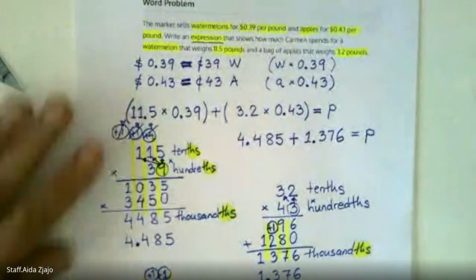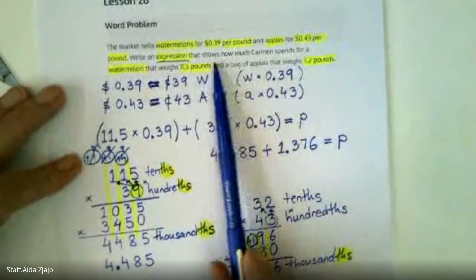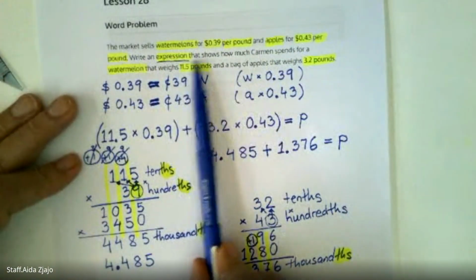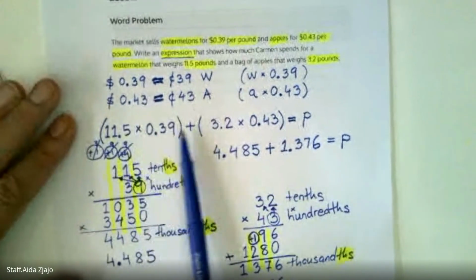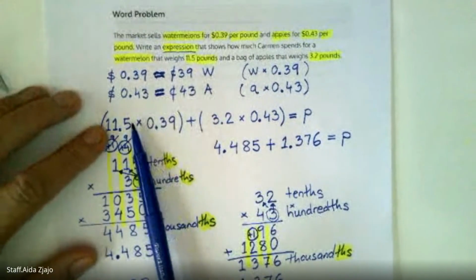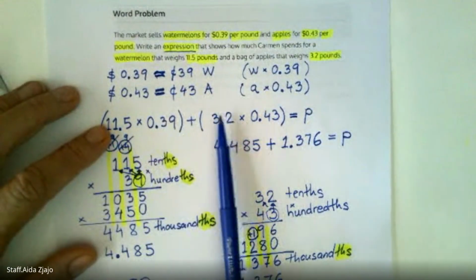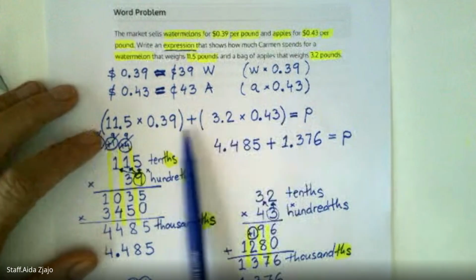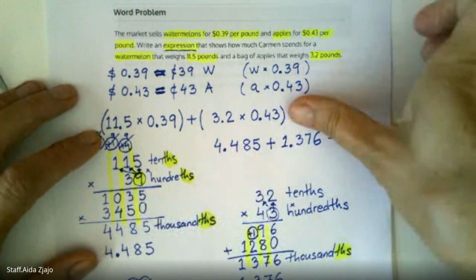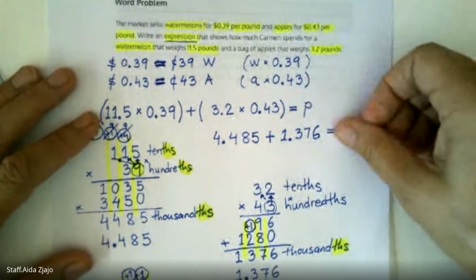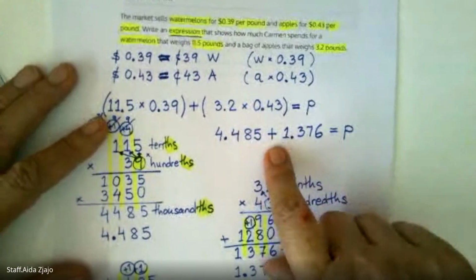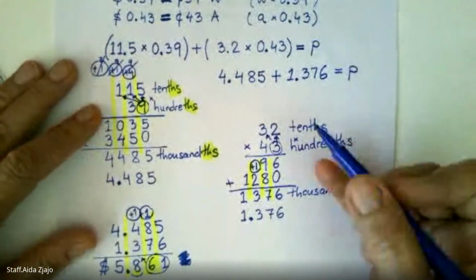Lesson 26 was only asking us to write an expression of this. So an expression of how much money she would pay for this watermelon and these apples. The expression was this, but I added an equation to find the price. P is price.